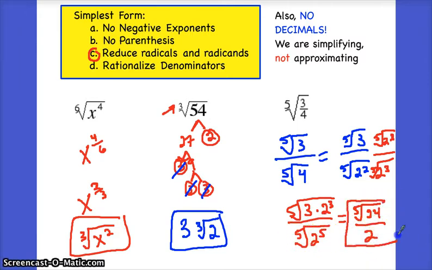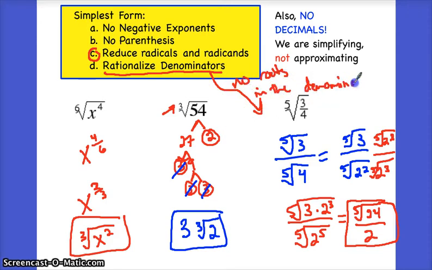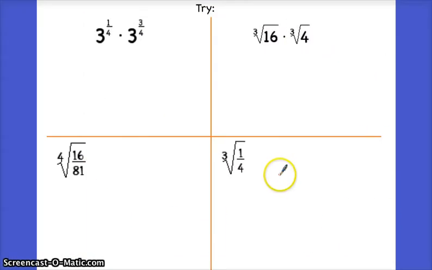At least I don't have any radicals in the denominator. We want to do what is called rationalizing the denominator. No roots in the denominator. That's rationalizing the denominator.